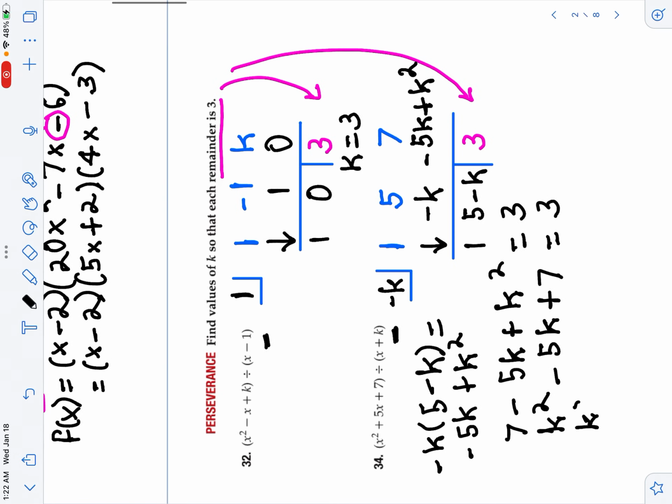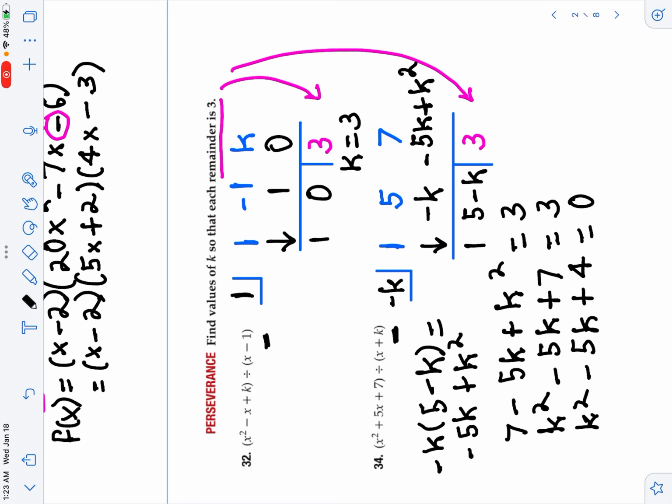Hopefully you recognize you need to get everything on one side equal to 0, and I'm going to leave the rest up to you. It should be factorable. You should find 2 values of k, and that is how you do numbers 32 and 34. What you have to understand at the honors level is you've got to challenge yourself to think how you put together all these pieces that we learn.